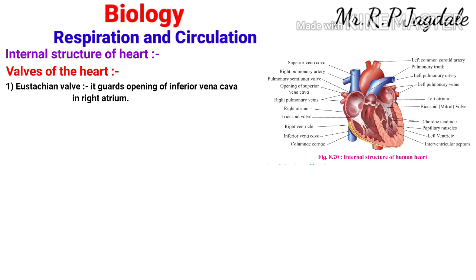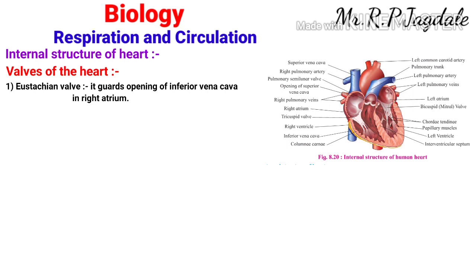It guards the opening of the inferior vena cava. We have seen in the atria that the inferior vena cava opens into the right atrium. When the inferior vena cava opens into the right atrium, it is guarded by the Eustachian valve.